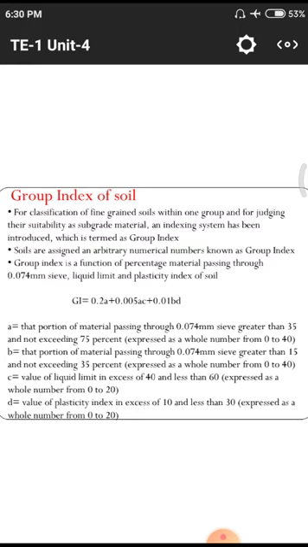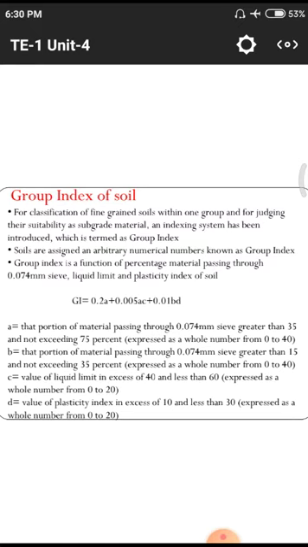The material will not exceed 75% and will not be less than 35%. The minimum value is 35% and the maximum value is 75%. Those two things we have to observe while sieving a material through the 0.074 mm sieve.